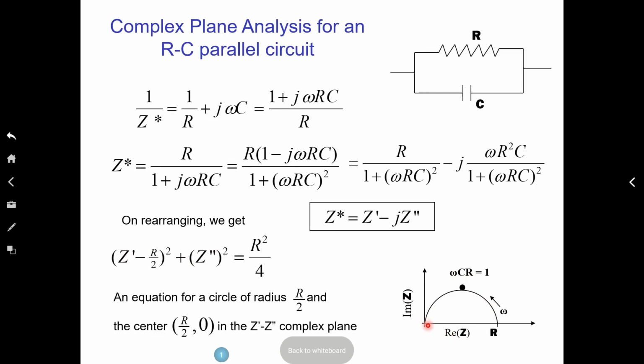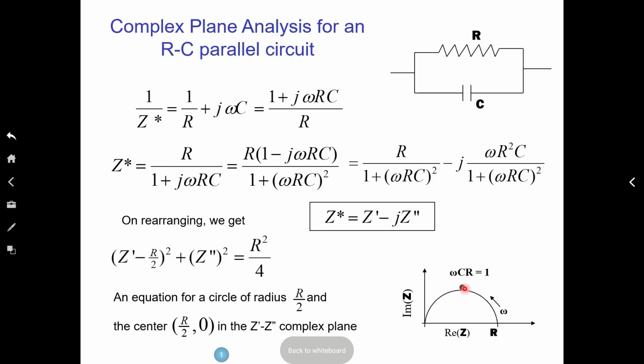In fact, the diameter of the circle will give you exactly the R value, whether that is 100 ohm, 5 kilo ohm, or 5 mega ohm, whatever it is. And then you can go to the peak frequency. You can actually look at your data and find where this circle peaks and at what frequency, say 100 kilohertz.